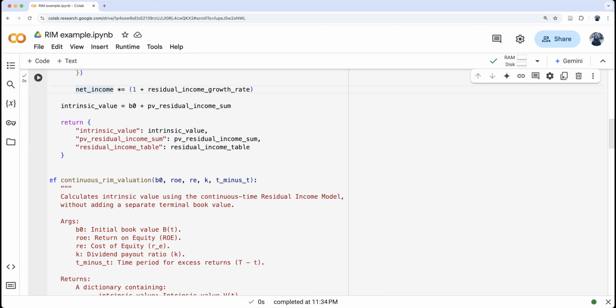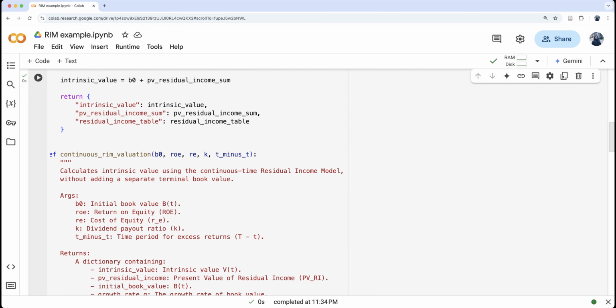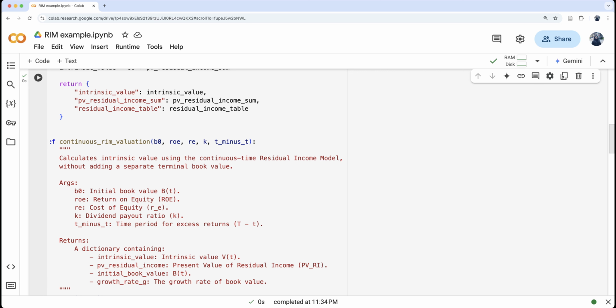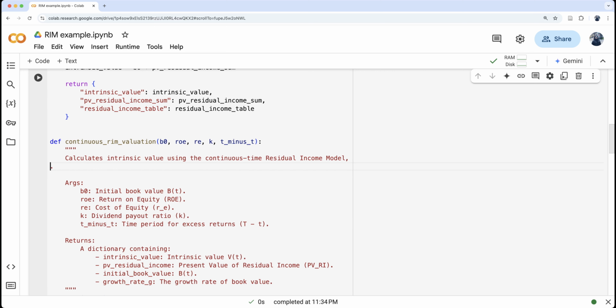So the inputs are B0, ROE, RE, K, and T minus t. It calculates intrinsic value using the continuous time residual income model without adding a separate terminal book value. Actually, we don't need this part, so I'll simply delete this one.